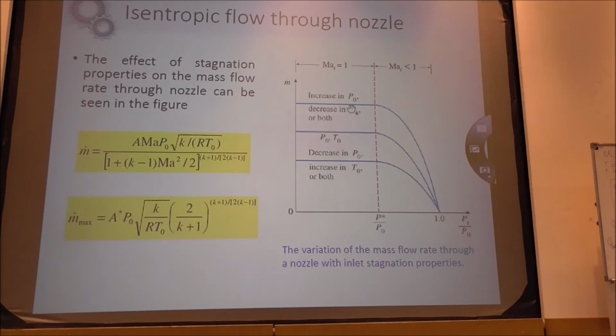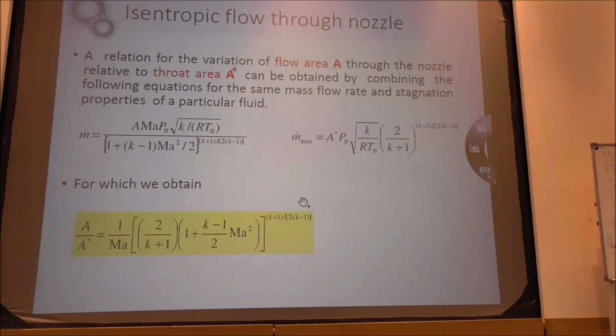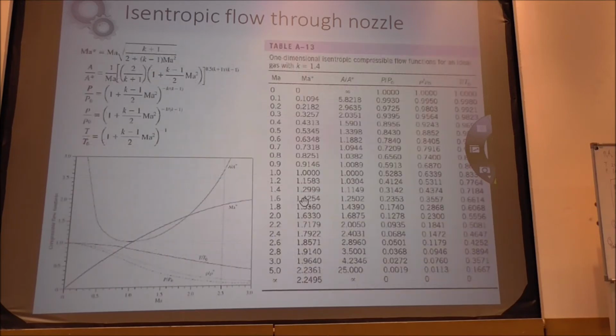So if you increase the stagnation pressure or decrease the stagnation temperature, you will get a higher mass flow rate. When you do the reverse, you decrease the stagnation pressure and increase the stagnation temperature, you will decrease the maximum mass flow rate. So that's about the isentropic flow through the nozzle.